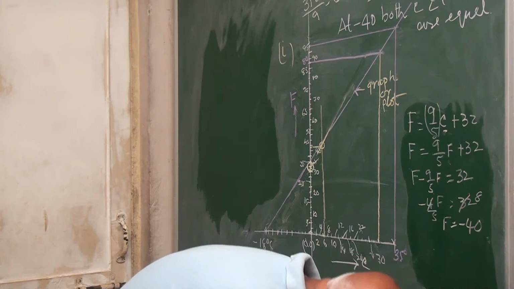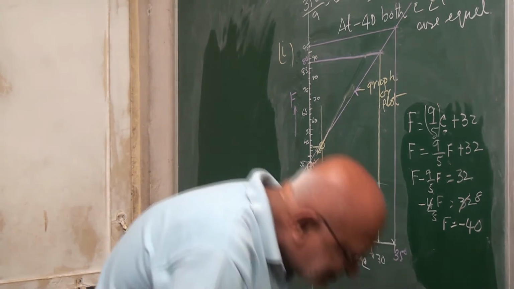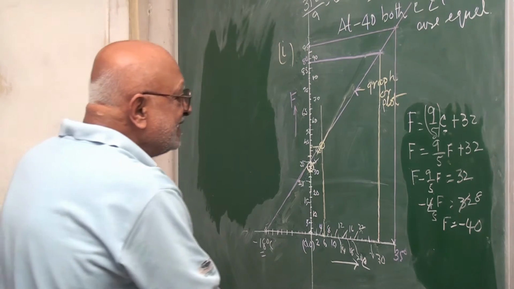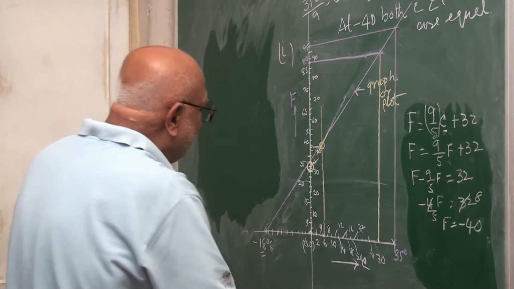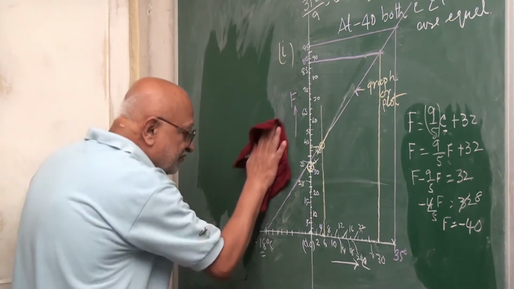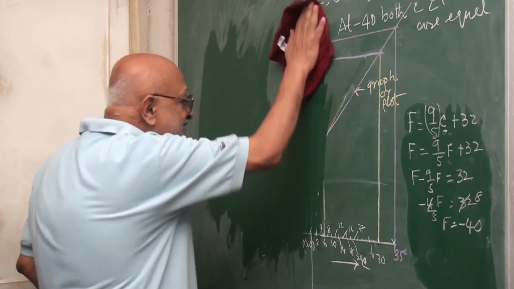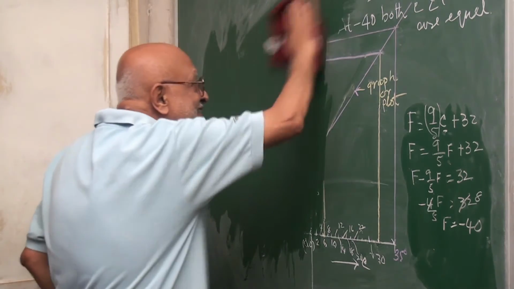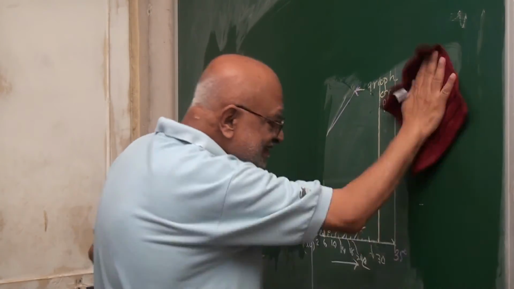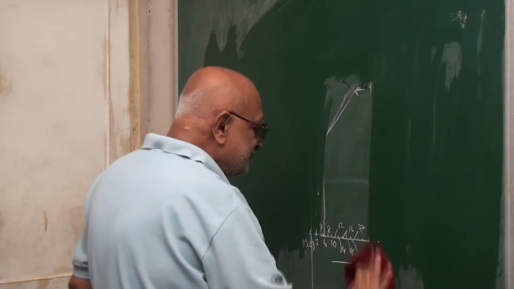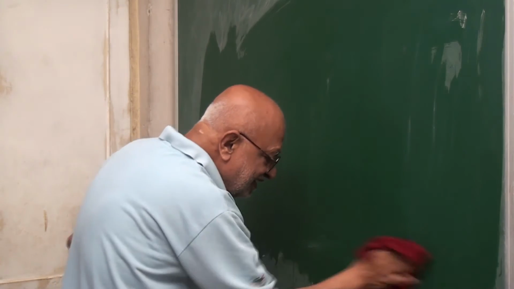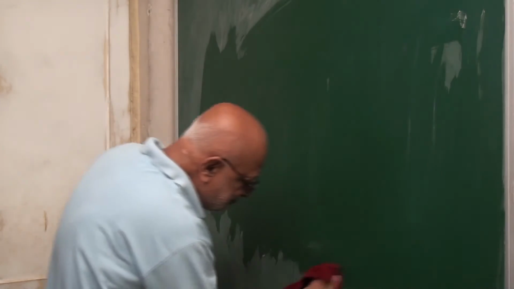Now I will go back and discuss a little bit about how it is to be done in the case of plotting again. Some very important plotting of the graph will be discussed. They may come in the exam as multiple choice MCQs, and it will be a little bit confusing.